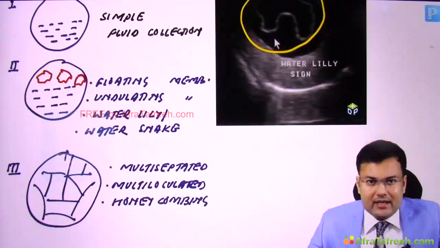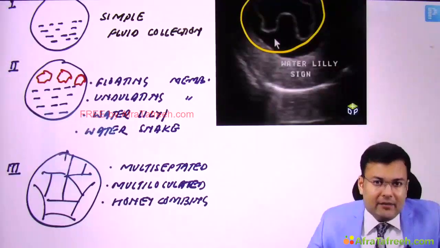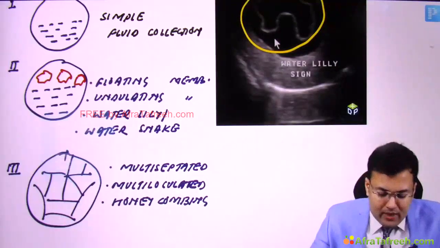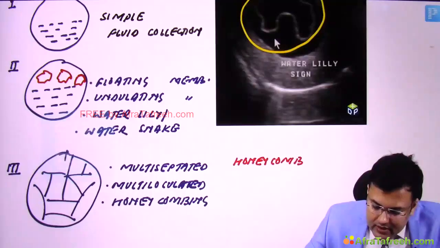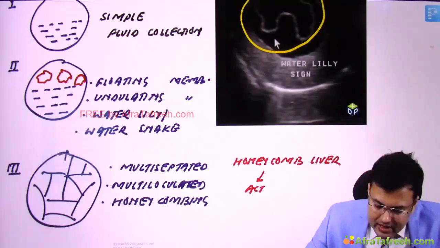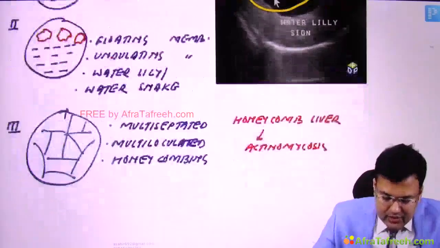Honeycombing is seen in hydatid cyst, but honeycomb liver is seen in actinomycosis. So if the question is asked, honeycomb liver, right? This honeycomb liver is seen in actinomycosis. So this is type 3.